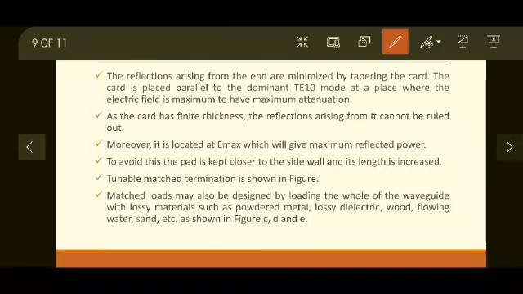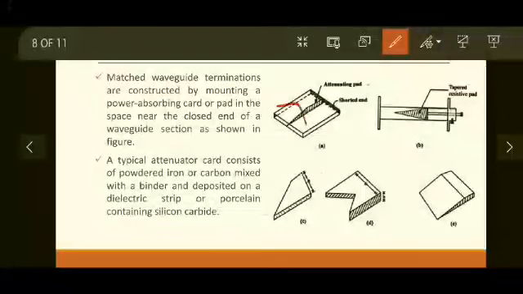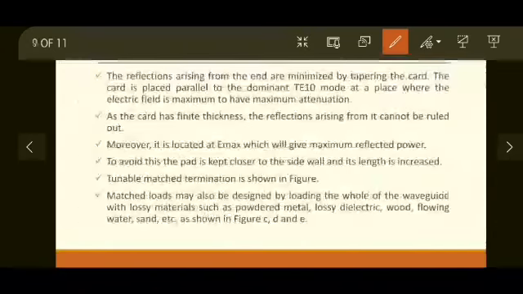These reflections are minimized by tapering the card. As you saw in the diagram, it is not uniform, it is made up like this. So it is tapered for minimizing the reflections from the shorted end.